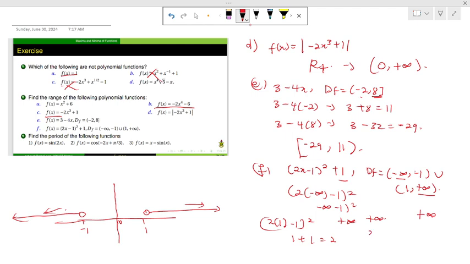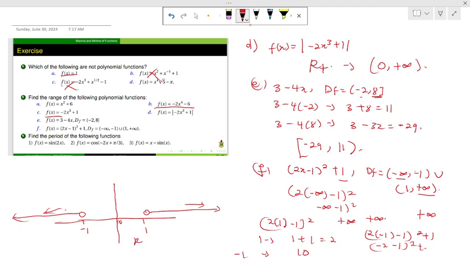I'm getting 2 multiplying -1 minus 1 all squared plus 1. This is -2 minus 1 all squared plus 1. So this becomes -3 squared is 9 plus 1, 10. So -1 gave me 10, then 1 gave me 2. So I can start with 2 as my smaller output.